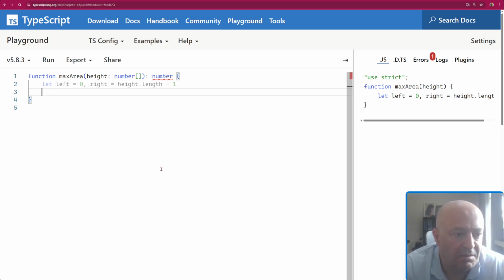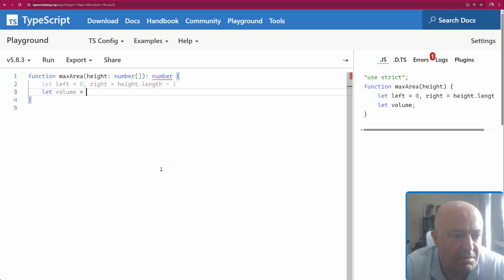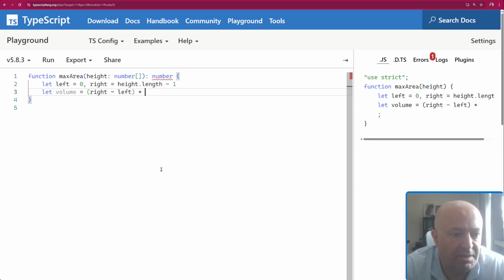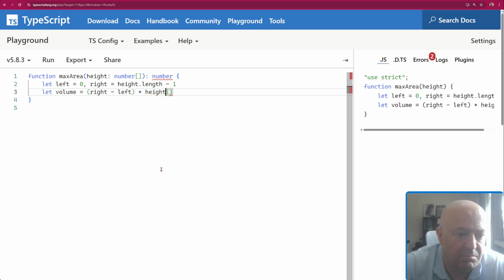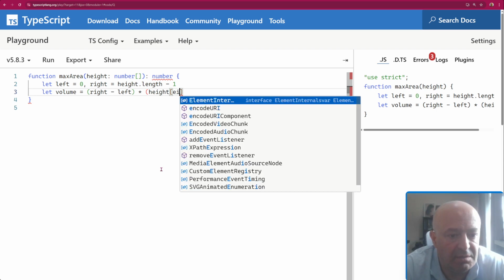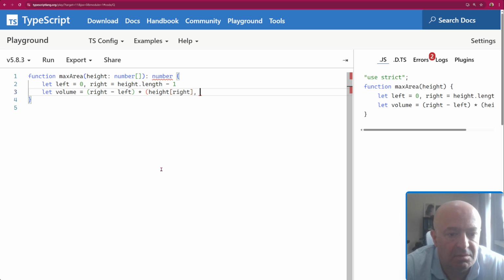And then let our volume be, what is the volume? So that would be right minus left, correct? Multiplied by the minimum value of height at right and height at left.